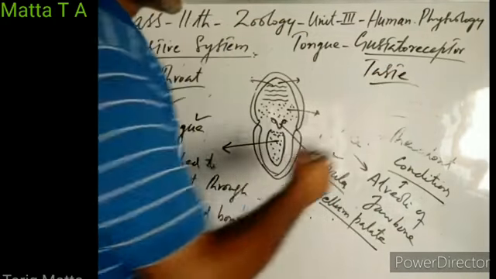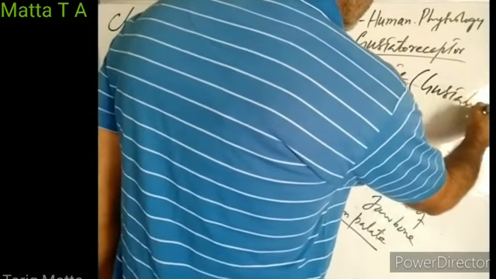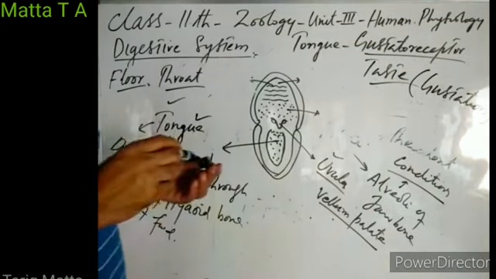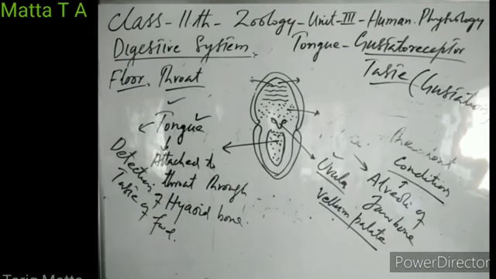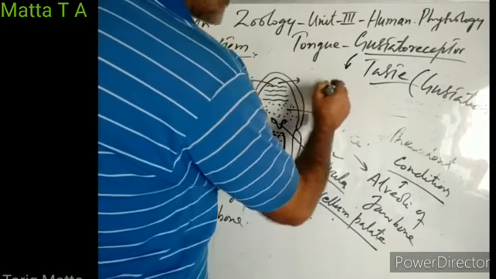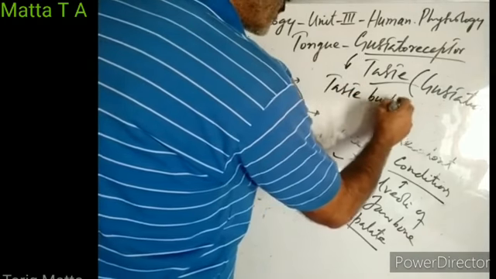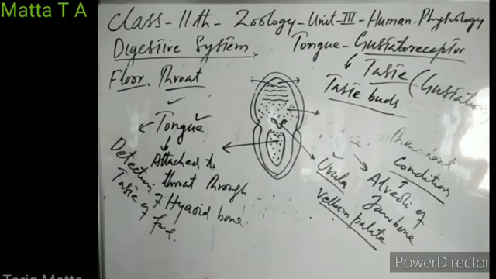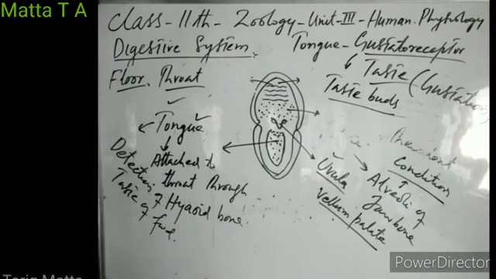Detection of taste is known as gustation, and the receptors involved in detection of taste are known as gustatoreceptors. These gustatoreceptors on the tongue are in the form of taste buds. So our tongue has got taste buds on it, and these taste buds are involved in detection of taste. That makes our tongue a gustatoreceptor.